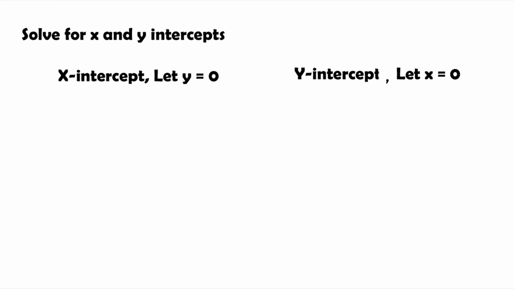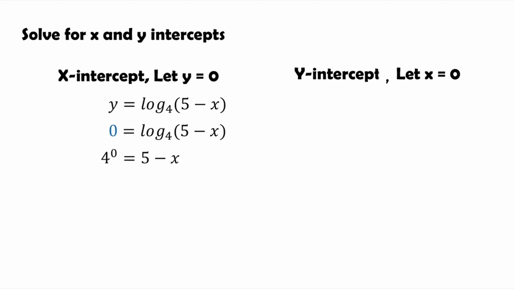So let's have the given y is equal to the logarithm of 5 minus x with the base 4. Substitute 0 to y, that would be 0 is equal to the logarithm of 5 minus x with the base 4. And through the equivalent equation to exponential form, we will now have 4 raised to 0 is equal to 5 minus x. Then simplify. 4 raised to 0 will be 1 is equal to 5 minus x.